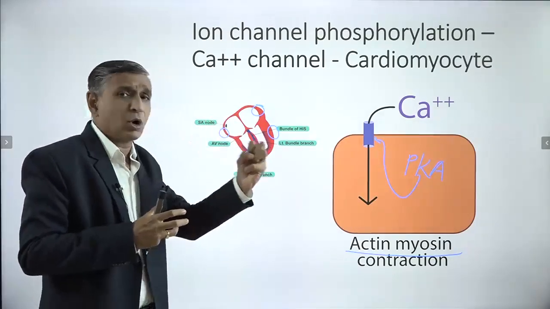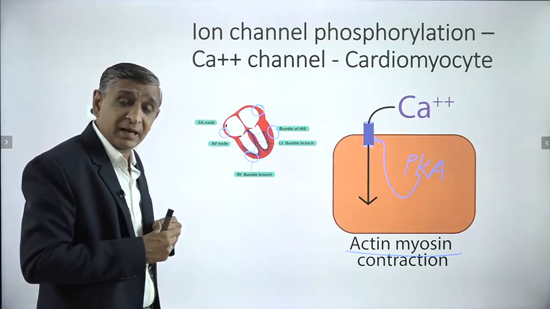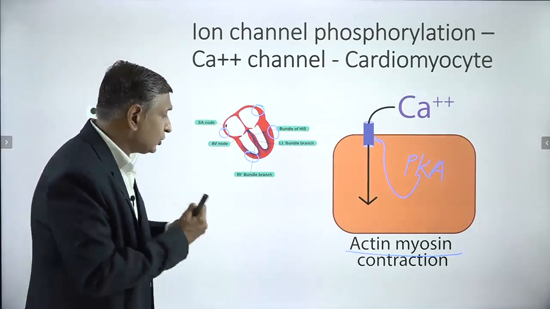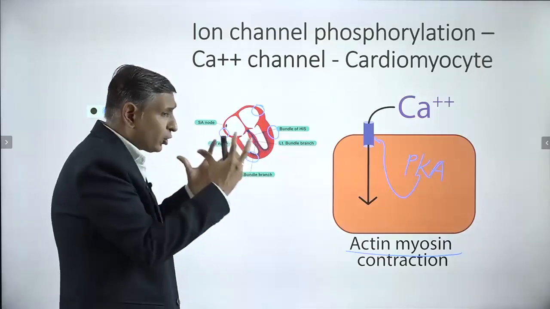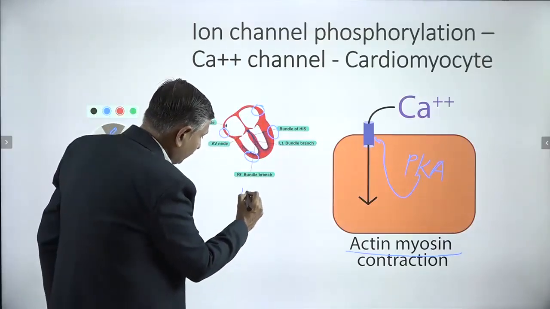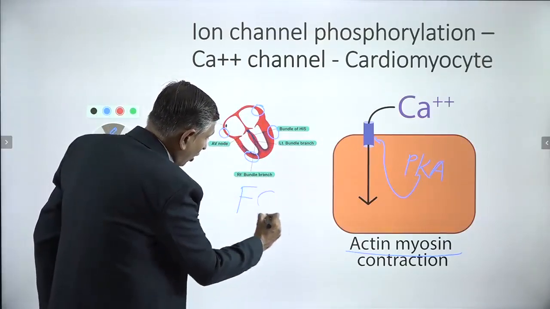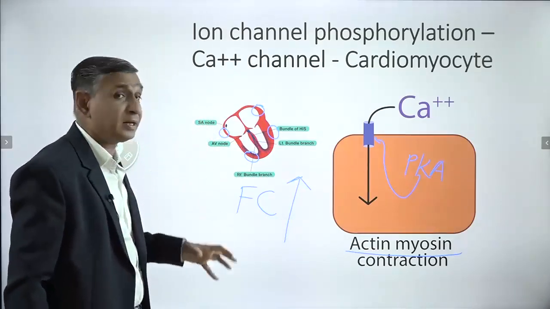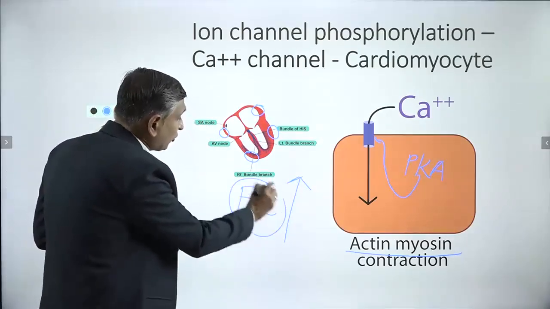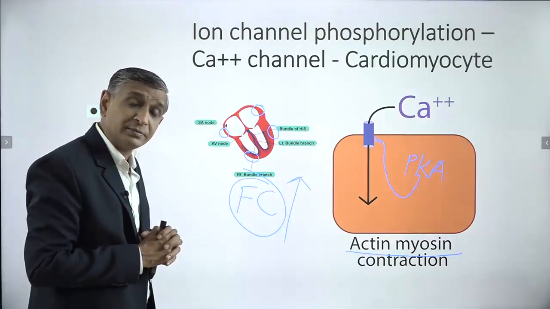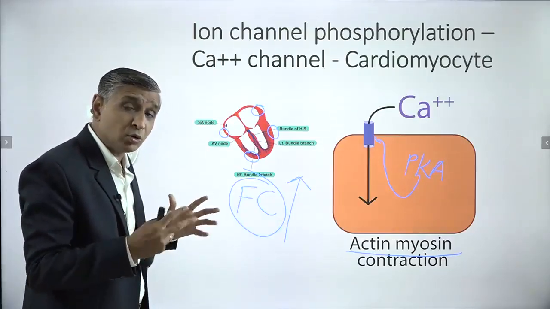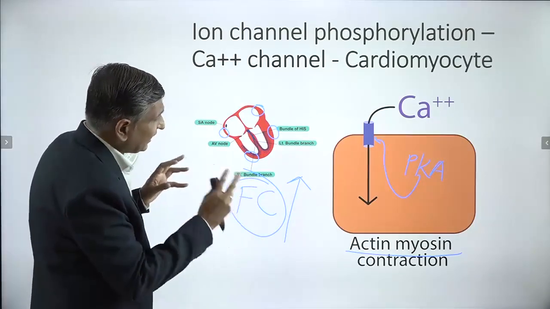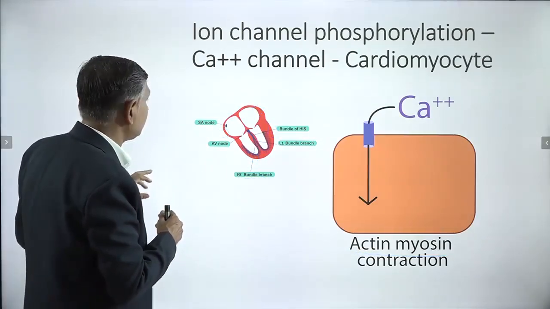And this is how the contraction of the muscle of the heart will take place, and when all of them are going to contract, the force of contraction of the heart is going to increase. This is how adrenaline increases the force of contraction of the heart through GPCR. Now, this is the third point I told you.